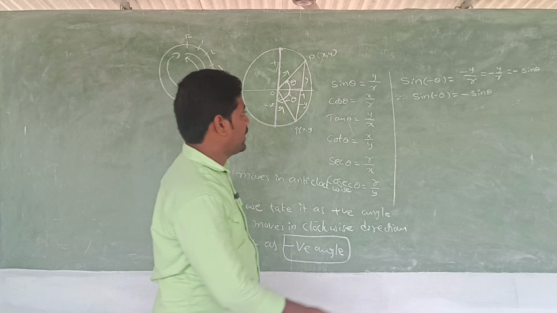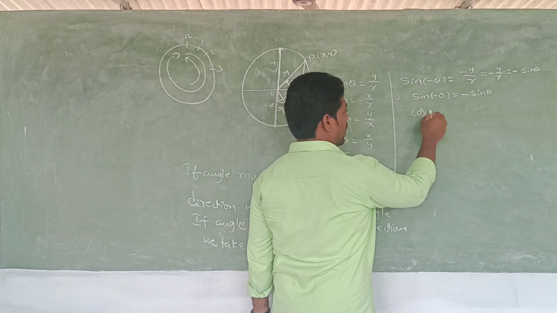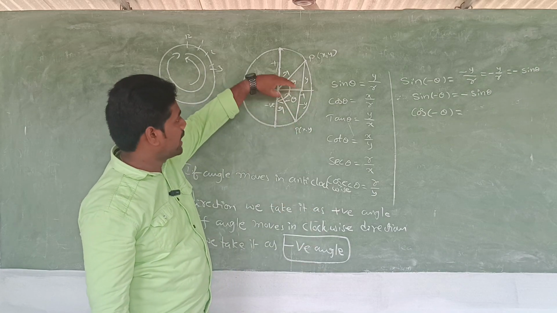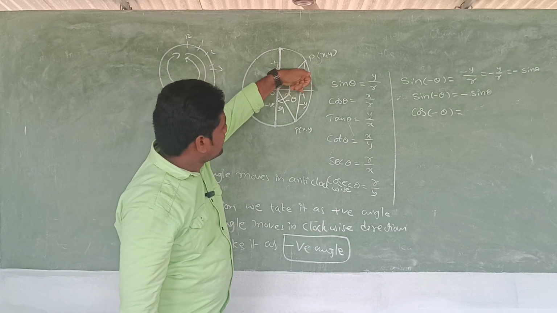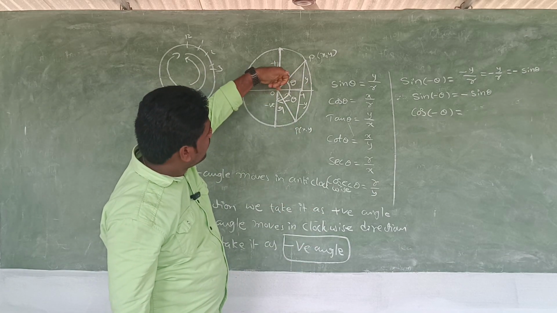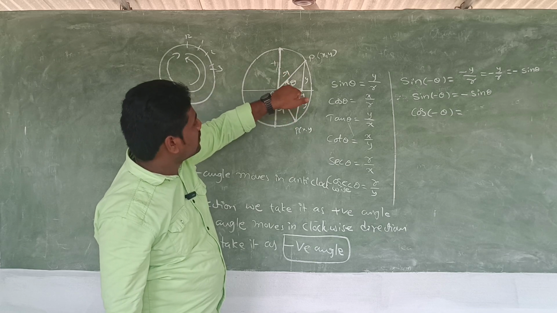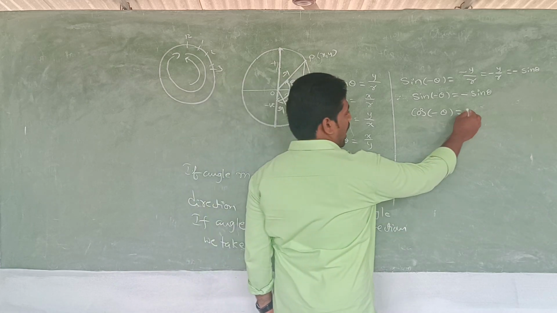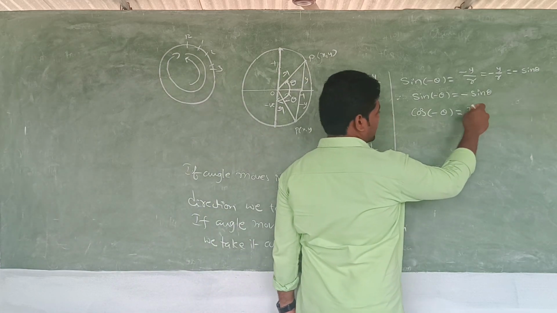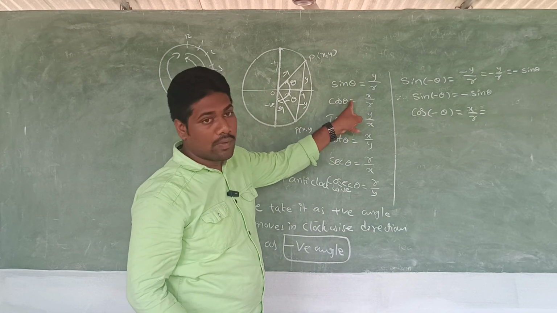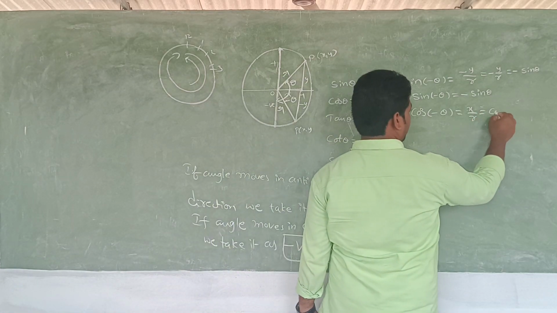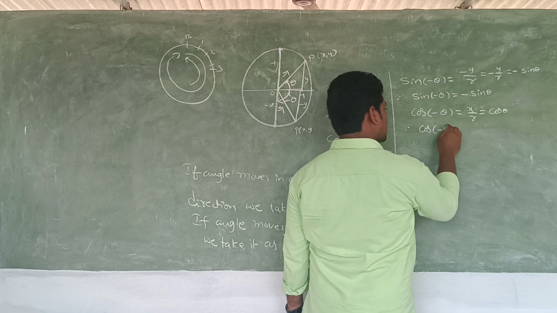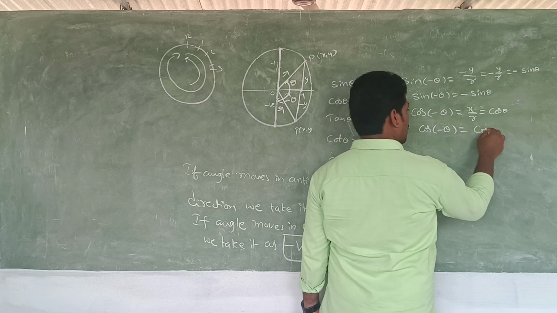And similarly, cos of minus theta. In the fourth quadrant, x is positive, and in this right angle triangle also x is positive. So this is x by r, and x by r is cos theta. Therefore, cos of minus theta is equal to cos theta.